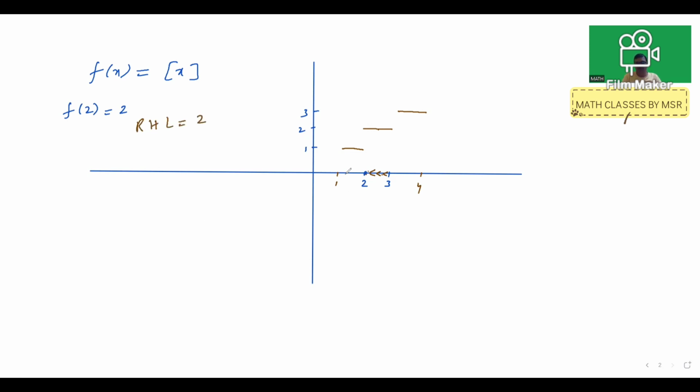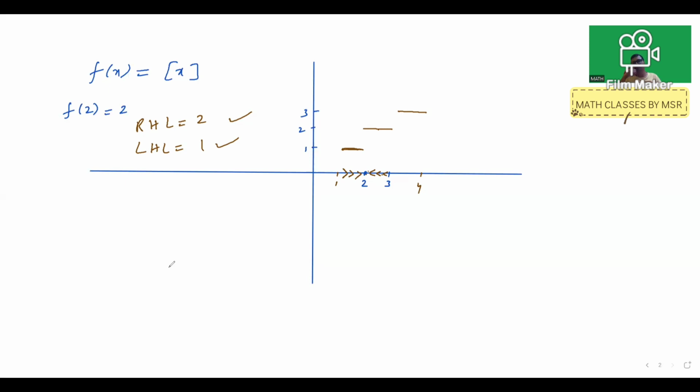Now from the left, if x is approaching 2, the value is approaching 1 only, no? Yes or no? It is 1. So the right hand limit is not equal to the left hand limit. Hence, at x equal to 2, the limit of f of x does not exist.